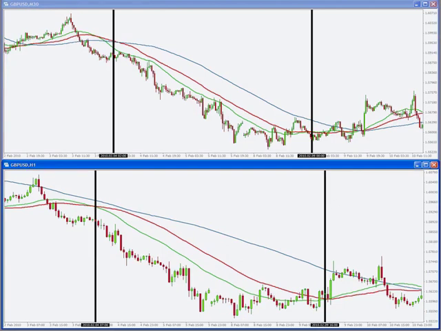Well, let's analyze these two different charts. We can see on the 1 hour time frame that the moving averages are all in order, right? 30 below the 50, and the 50 below the 100. Then all of them are pointing down. Then price is nowhere near the 100 simple moving average, right?